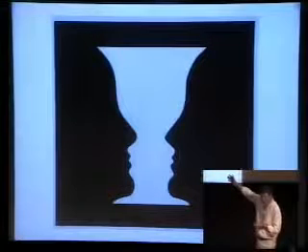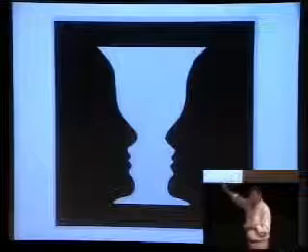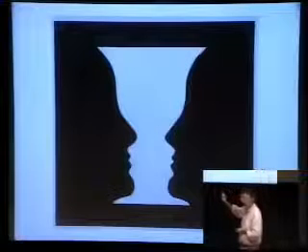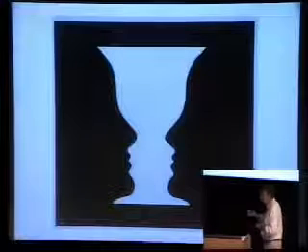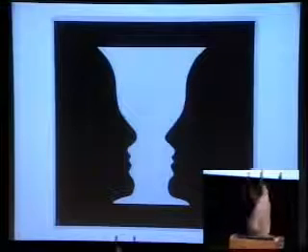But the point here is that the pattern of stimulation has remained constant. I haven't changed anything up here. But despite the fact that the pattern of stimulation remains constant, your perception of the object can change depending on whether you look at the white part or the black part. You see a white vase against a black background, or you see black silhouettes against a white background.